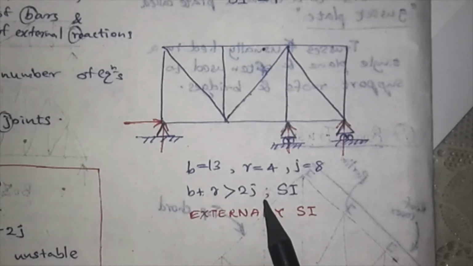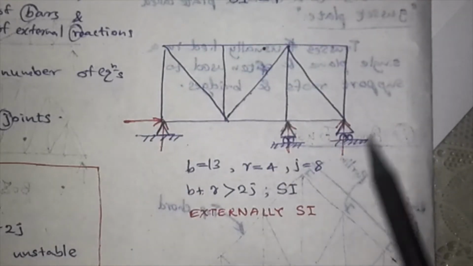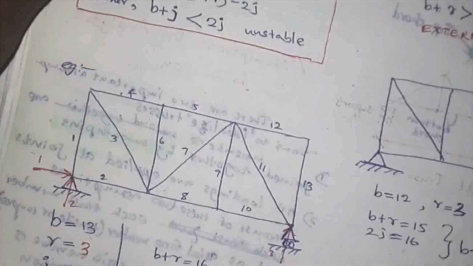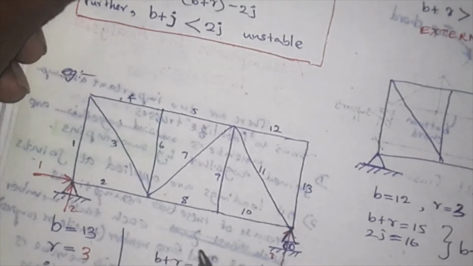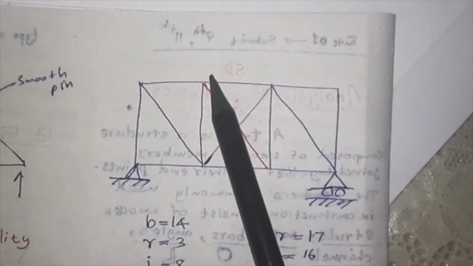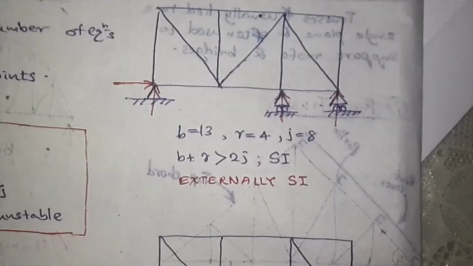So B plus R is more than 2J. Again the structure is statically indeterminate. See, the same truss was previously statically determinate, and when you make some changes like adding a member or adding a support, the same structure became statically indeterminate.